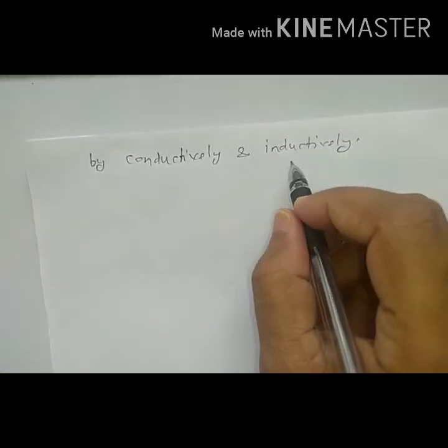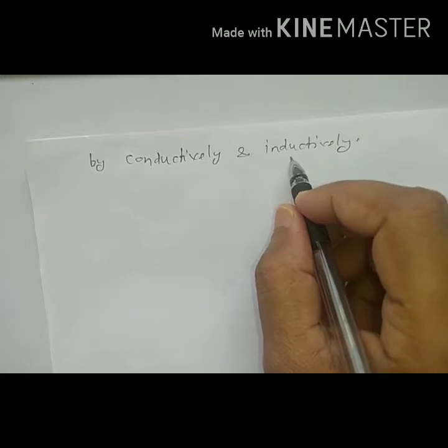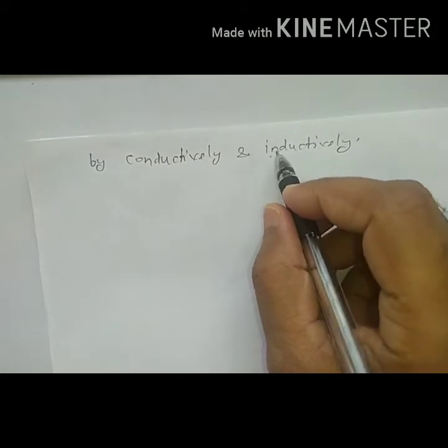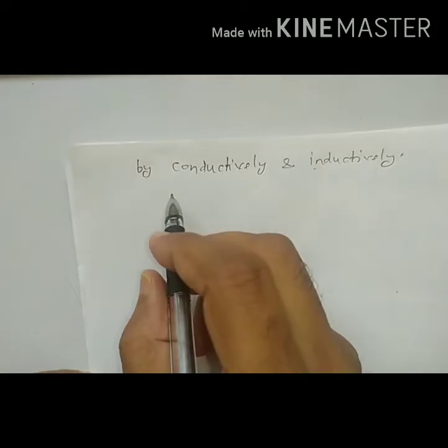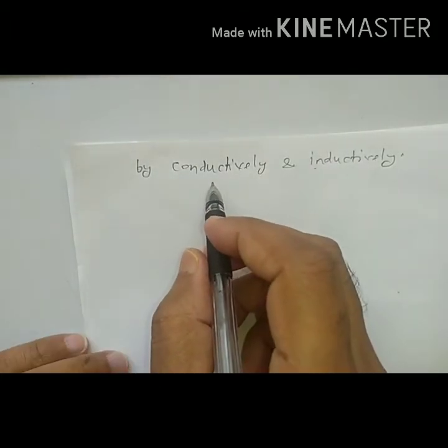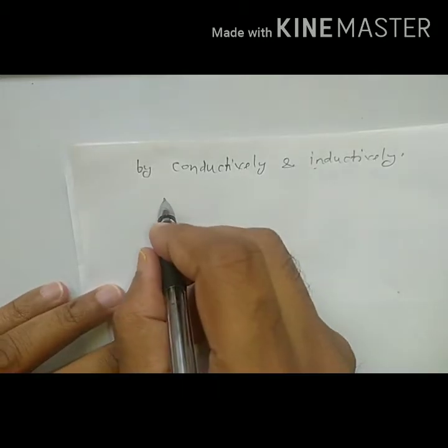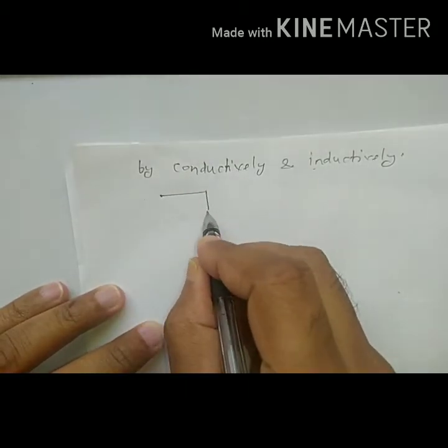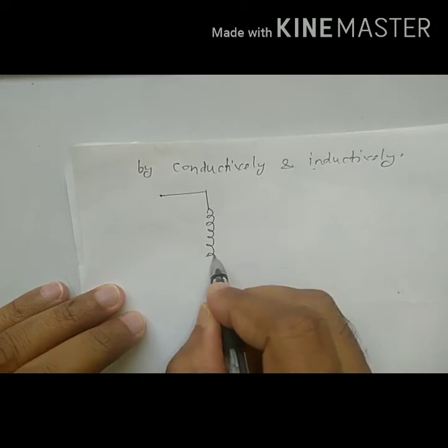In a two winding transformer, as we have seen, power is transferred only by inductive phenomena, but here power is transferred by both conductively and inductively. Therefore the power transfer capability will be more here, and there will be two types of autotransformer.